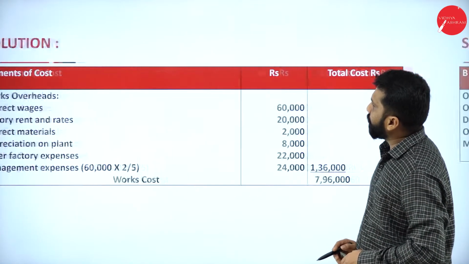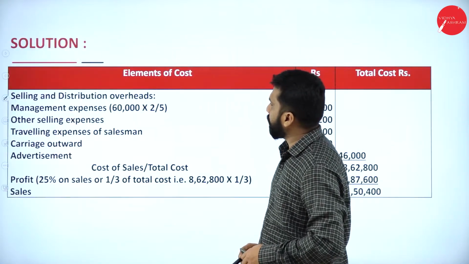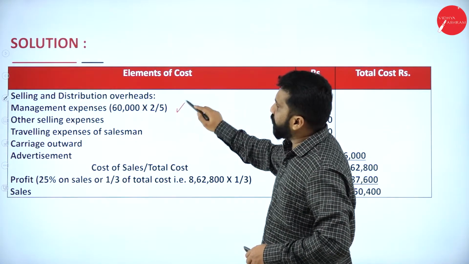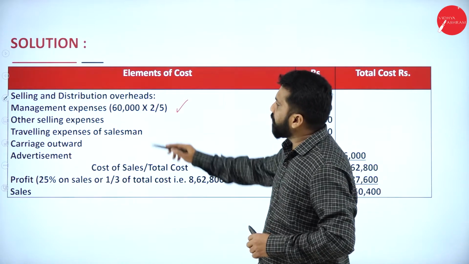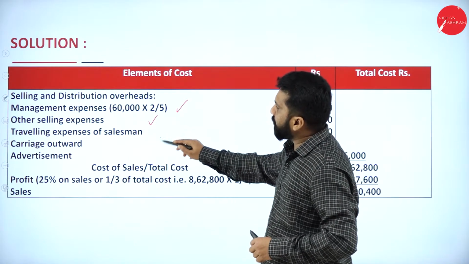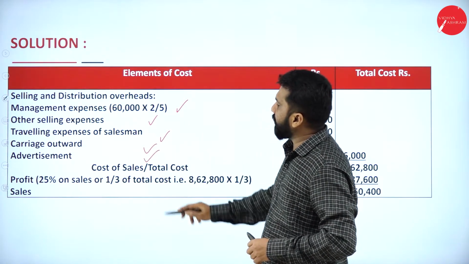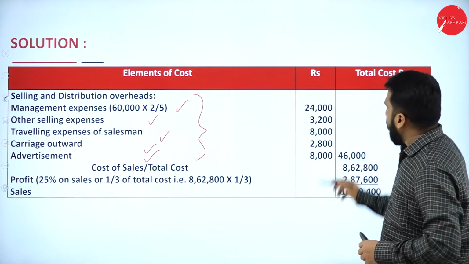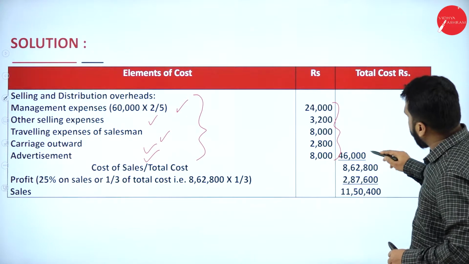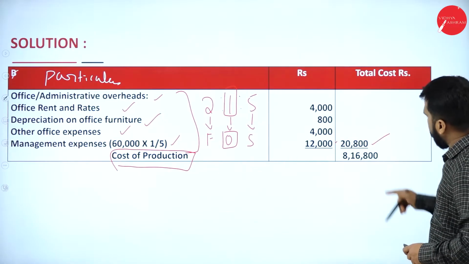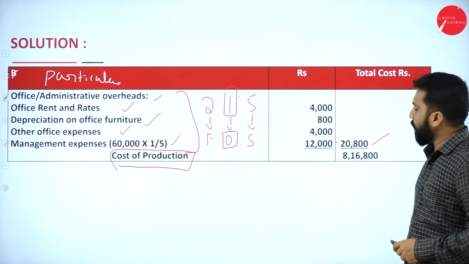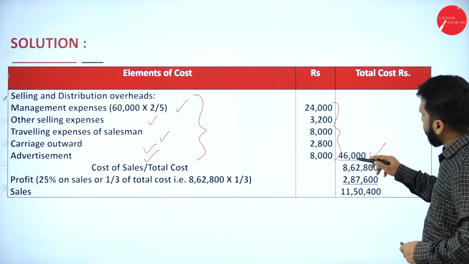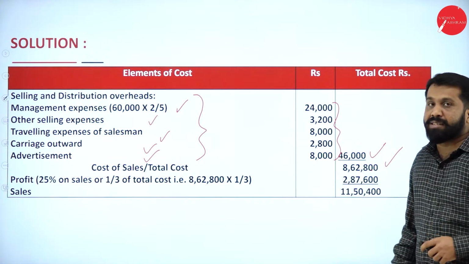See, these are your management expenses, that is 2 by 5. Other selling expenses, traveling, carriage, advertisement all come under selling and distribution. Now, add everything, you got 46,800. Your previous total was 8 lakh 16,000. Plus 46,800, if you add, you will get 8 lakh 62,800.